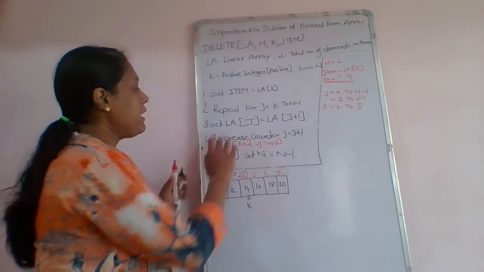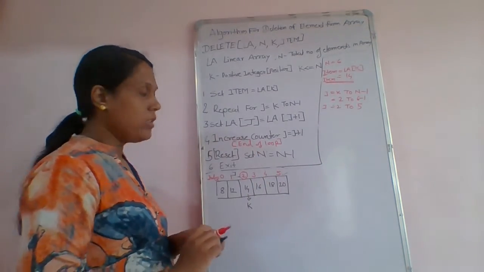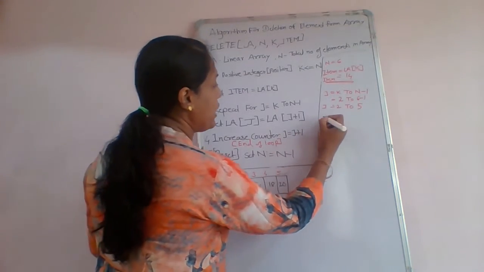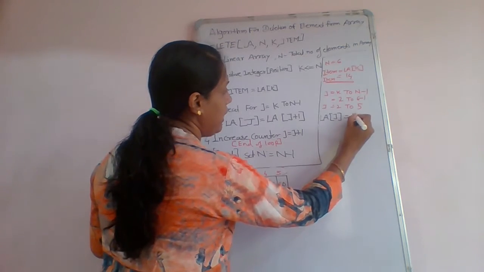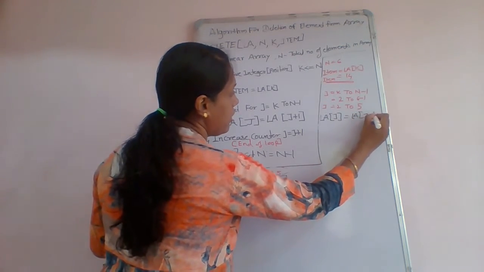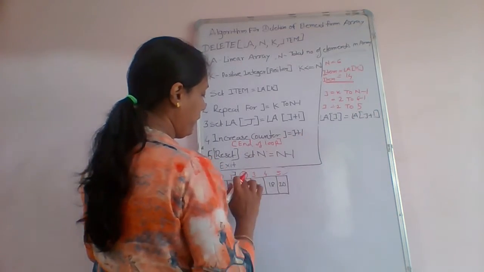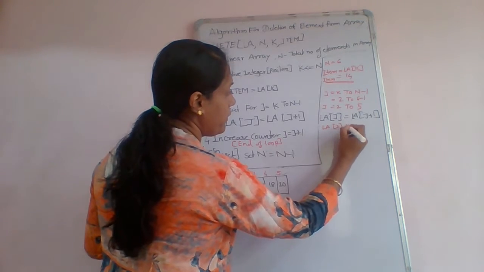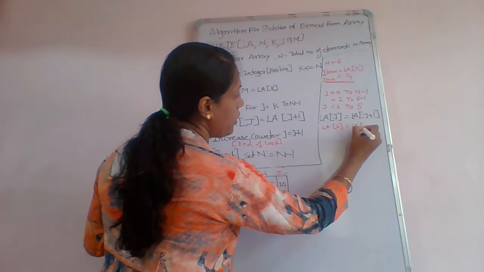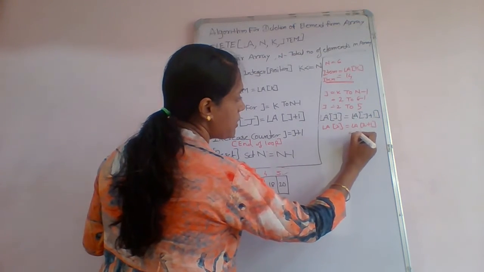Now next, set LA of j equals LA of j plus 1. Now what is j? j is located at 2. So LA of 2 gets the value at 2 plus 1, so 2 plus 1 becomes 3.